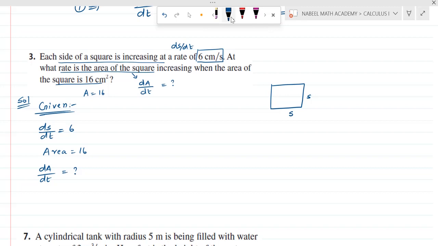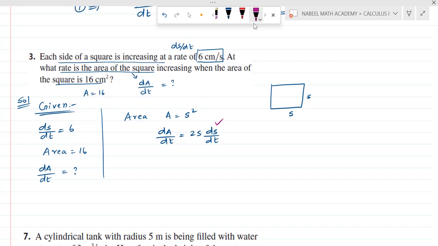What is the rule here? The area A is given by s squared. Differentiating, dA over dt equals 2s ds over dt. So I have this value.